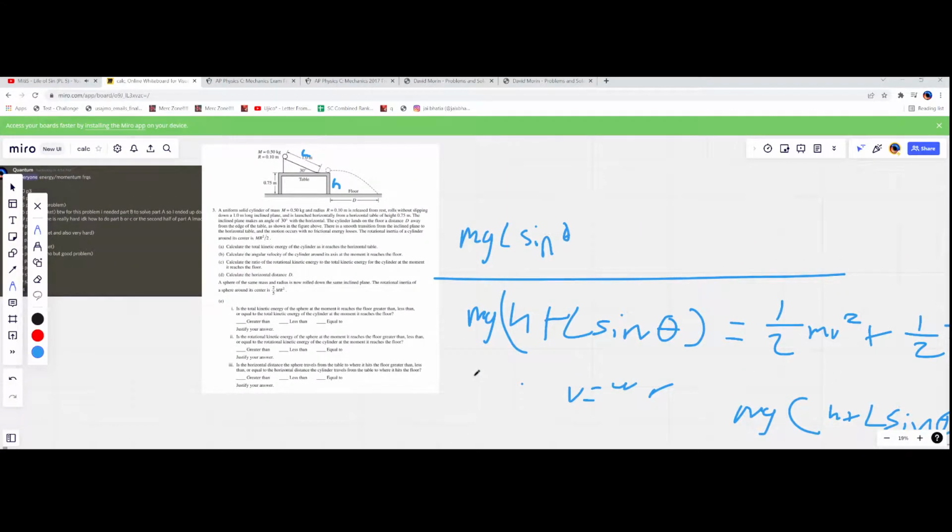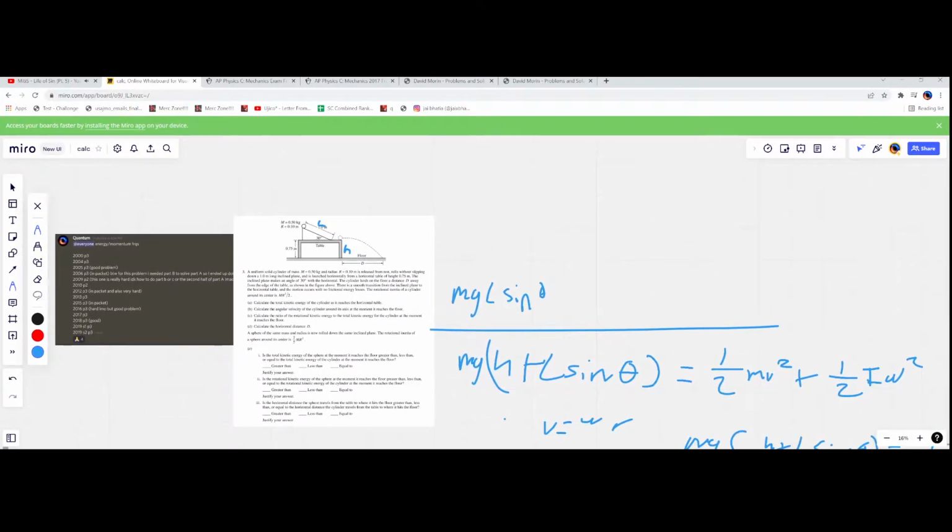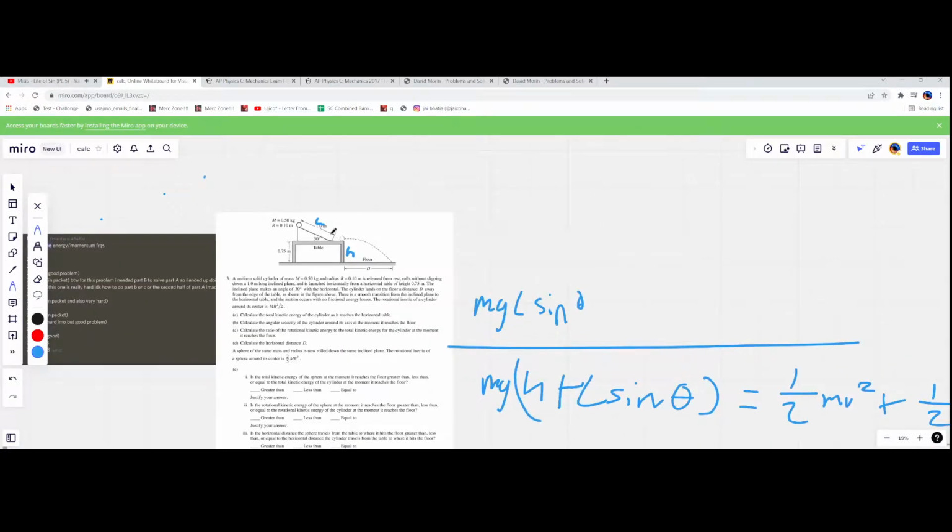Then, okay, it's asking for the horizontal distance d. That's no problem. For this, I assume you just solve for the linear velocity here, and then you just do v times t.